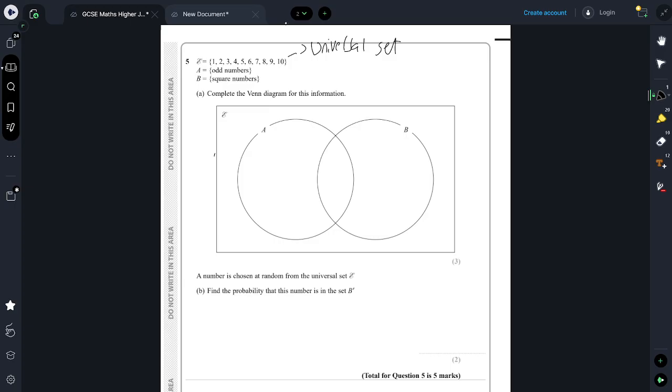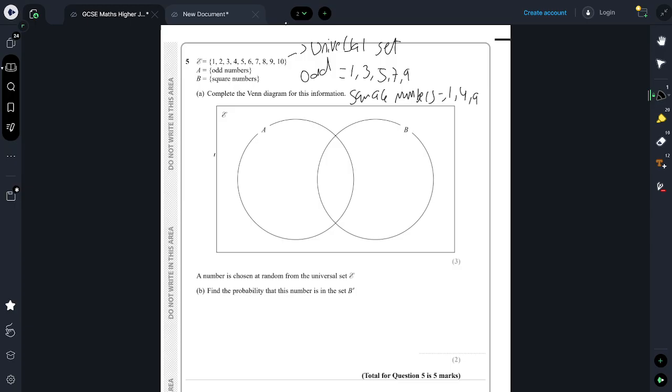So the odd numbers are 1, 3, 5, 7, 9. We also need to consider the square numbers. Well, simply 1 squared, 2 squared, 3 squared, and so on, which is 1, 4, 9, and then it doesn't go beyond 10.